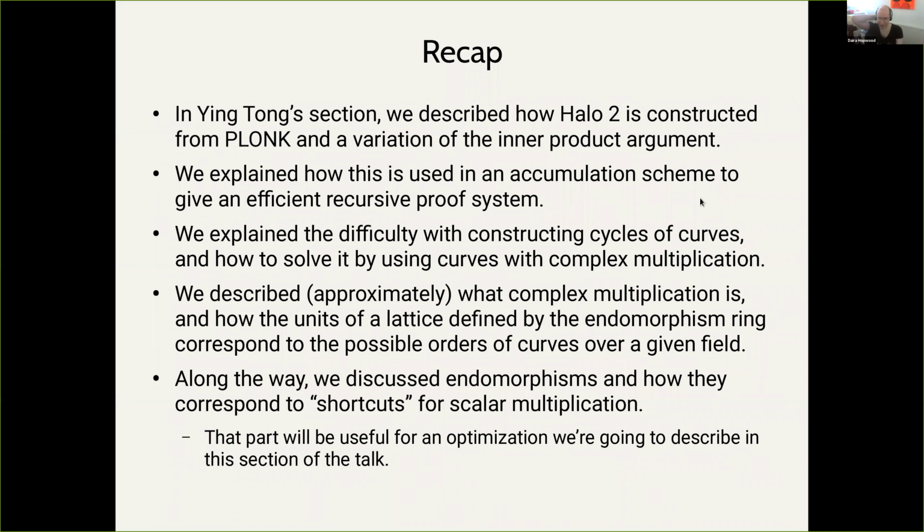Okay, so a recap of where we've got so far. Yingtong described how Halo2 was constructed from Plonk. She described the inner product argument. We used that in an accumulation scheme. We showed how to construct cycles of curves. We showed what complex multiplication is.